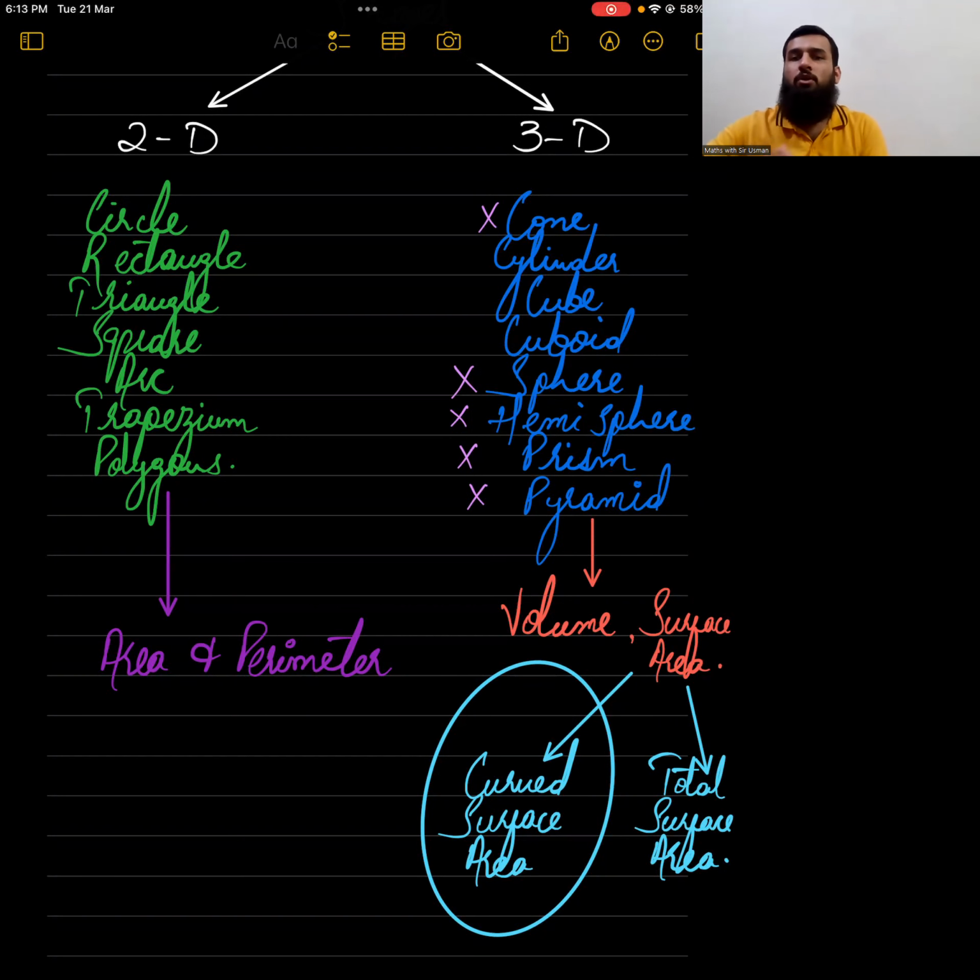Now, moving on to the concepts of 3D, you will be required to find the volume or the surface area of 3-dimensional shapes. So the examiner would be asking you to figure out the volume of these 3D shapes or the surface areas. Now for surface areas, we have two distinct types. The first one of them is curved surface area. Like if I'm having a curved surface, so the curved region or that curved area would be used to find the curved surface area.